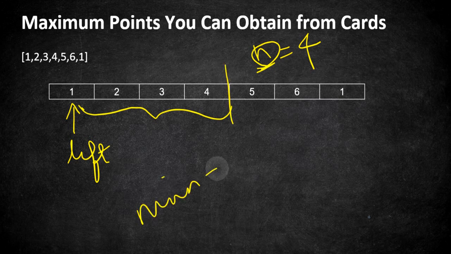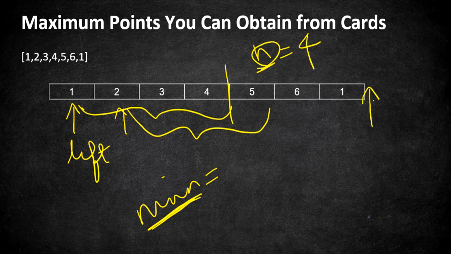Again the left moves one pointer next, and for the next four numbers, if the sum is minimum, it updates the same variable. Once it completes the iteration, our minimum variable will have the minimum sum of the subarray of length n. Finally we subtract it from the total sum of the given array, and that is going to be our output.